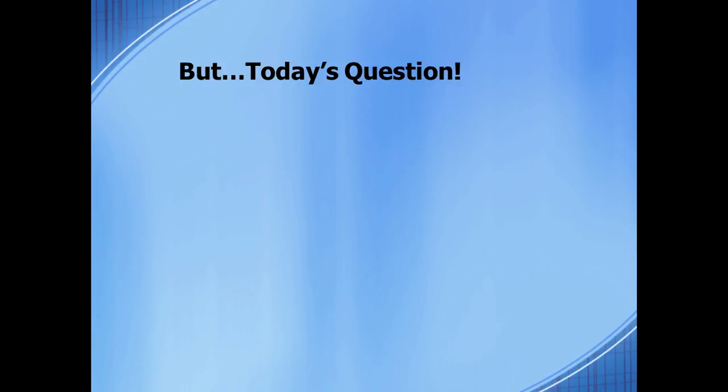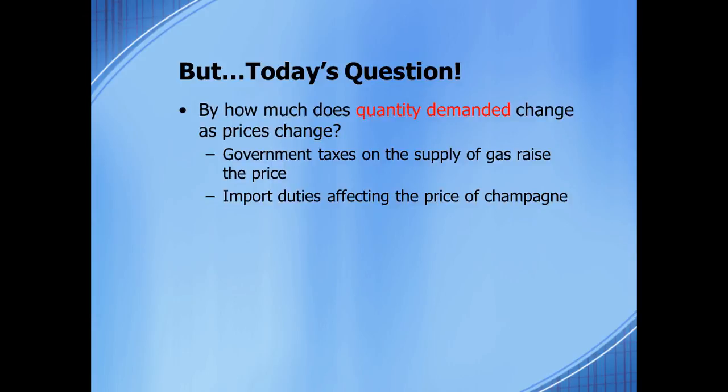So today's question for you: by how much does the quantity demanded change as the prices change? A couple of examples: government taxes on the supply of gas raise the price, or import duties affect the price of champagne.